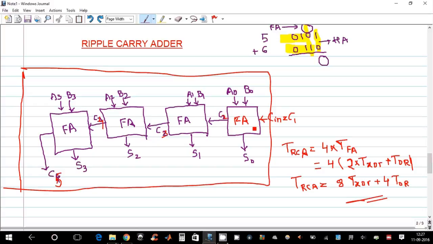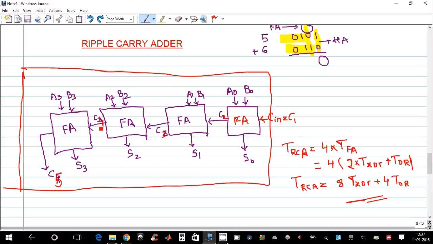So we need to wait for the total delay of two full adders for realizing this C3. But what we can do instead is that, as we know C3 is directly a function of A1 B1, A0 B0, and this C1, we can directly realize C3 in terms of A1 B1, A0 B0, and C1 instead of realizing it in terms of the full adders.